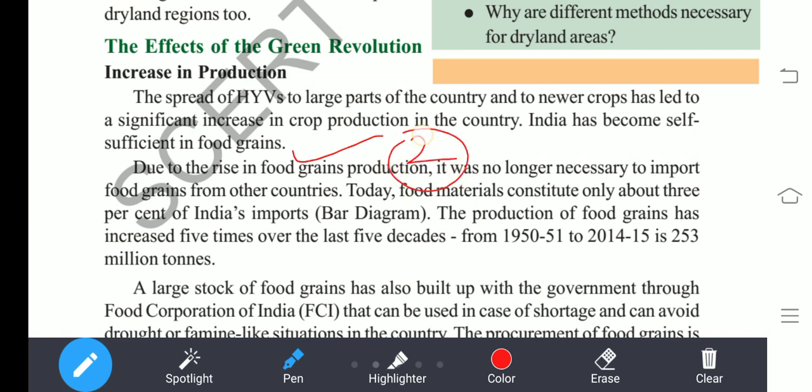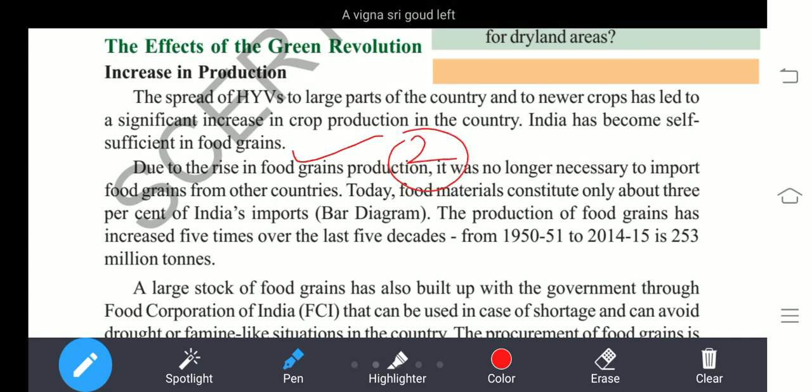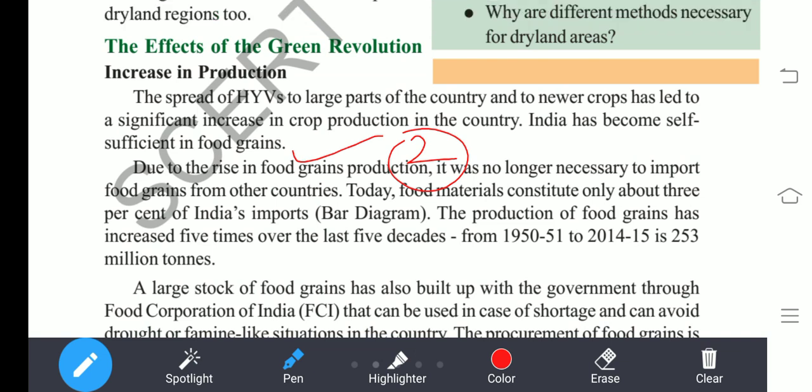Food grain production has increased. And third is that imports from other countries are reduced. Earlier we imported many food grains. Now imports are reduced.